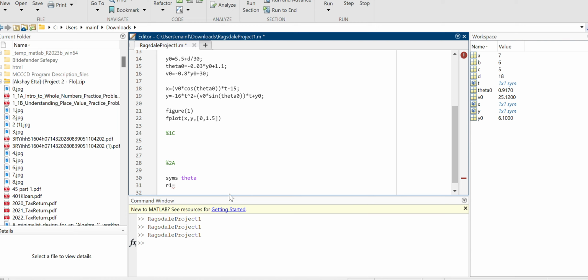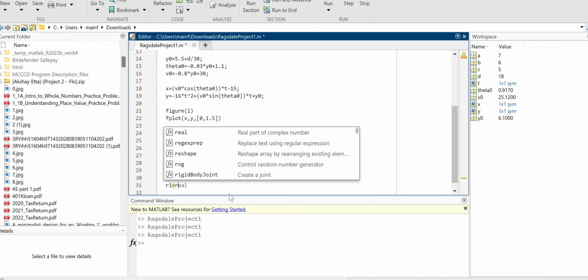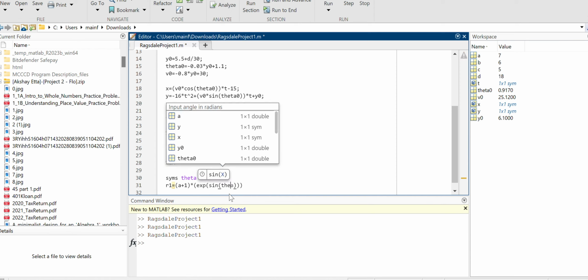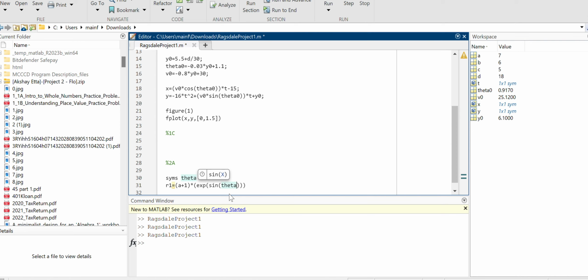So let's go ahead. R1 is going to be equal to A plus 1 times, now we have the exponent, so exp of sine of theta. So make sure you get those parentheses right. Let's make sure I have them right here. So sine of theta, 1 parenthesis with theta, 1 parenthesis with the sine.